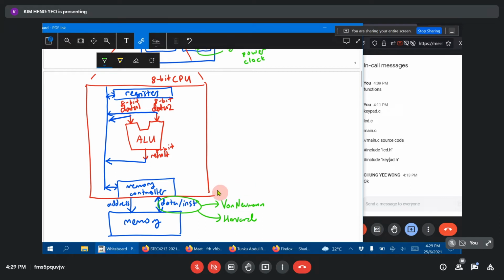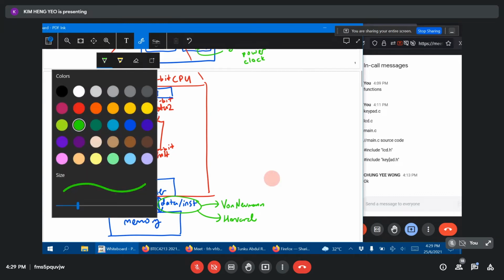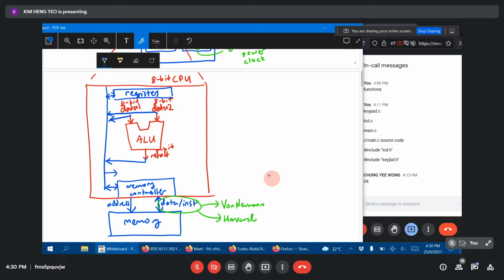All right. So let's say you fetch an instruction. The instruction will be stored temporarily inside a special register called the instruction register. Why do you need to store it temporarily inside this instruction register, IR? Because you have a special circuit here called the control unit and instruction decoder.